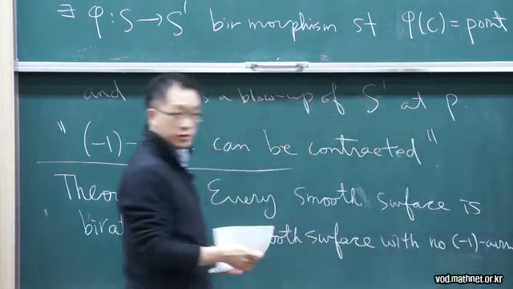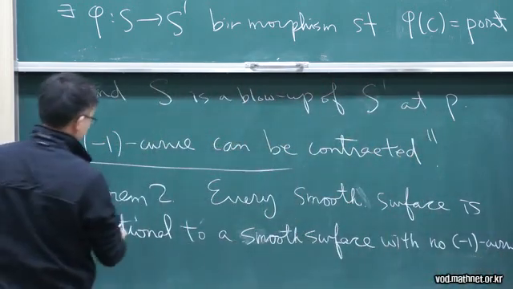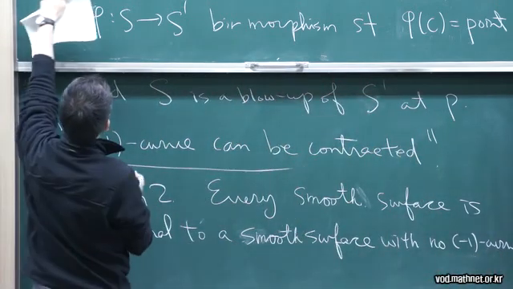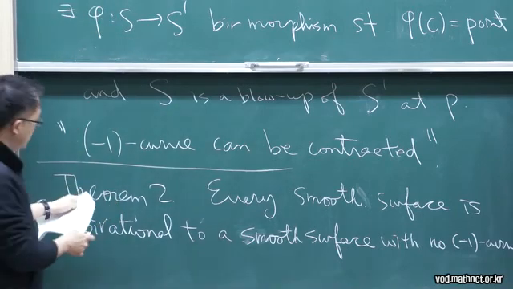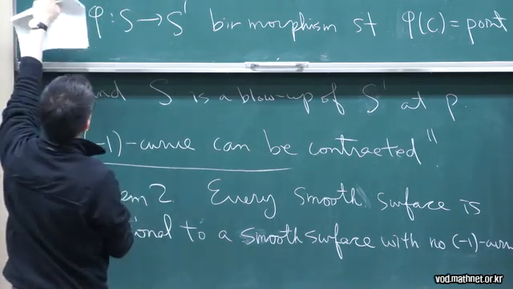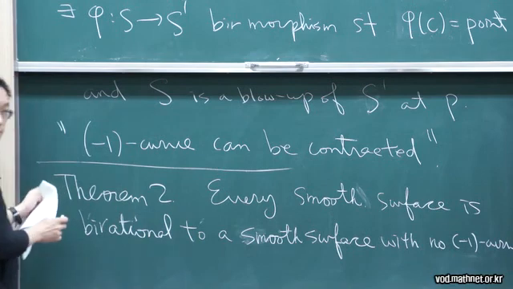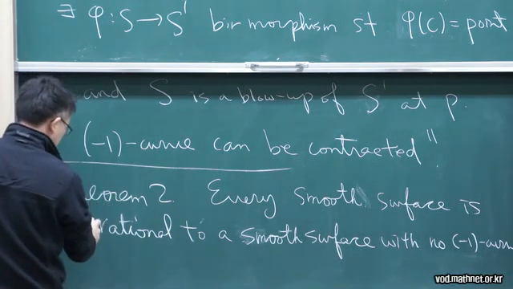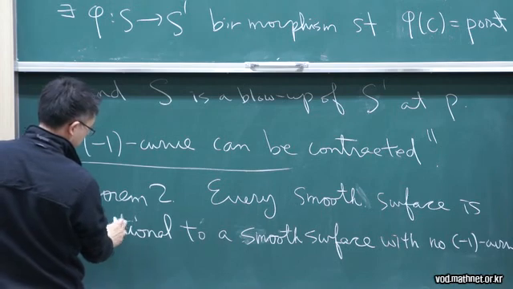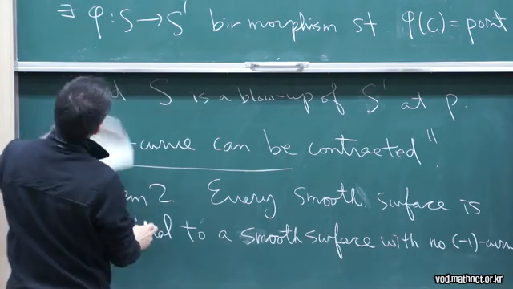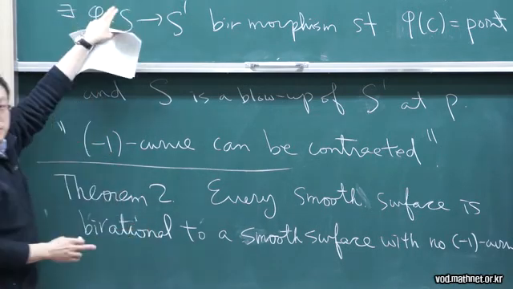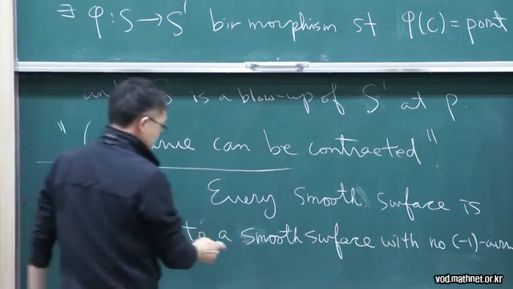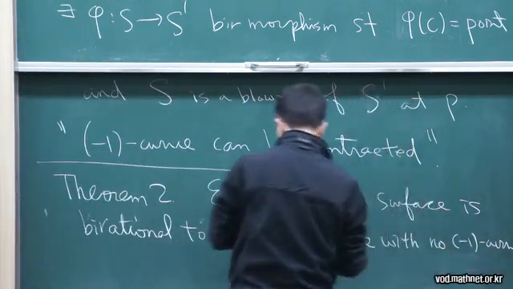This is also well known. The proof is very easy. Just apply theorem 1 finitely many times, because every time you apply theorem 1, the Picard number drops by 1. And the Picard number is finite and greater than or equal to 1, so you can only apply theorem 1 finitely many times.